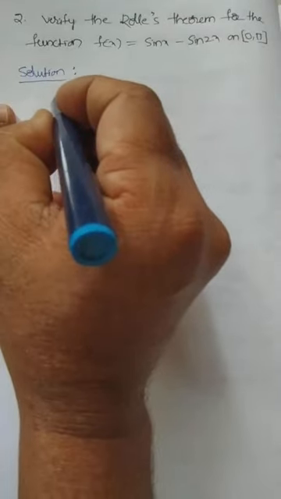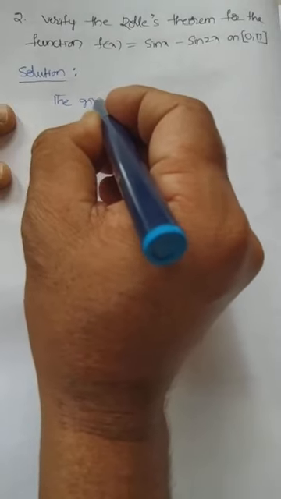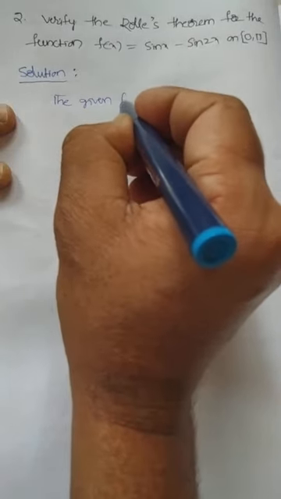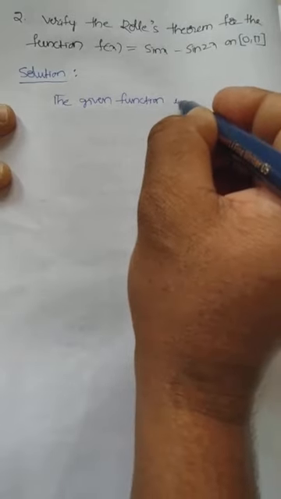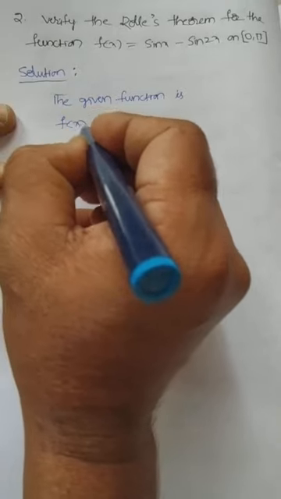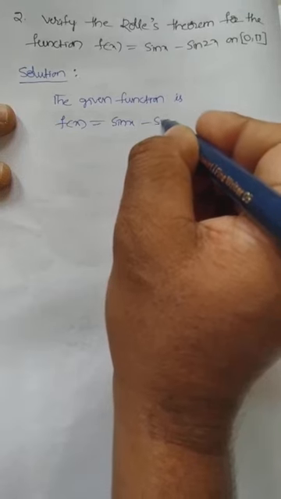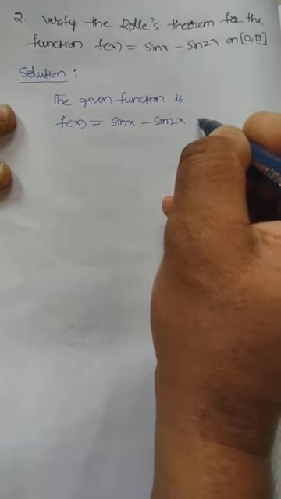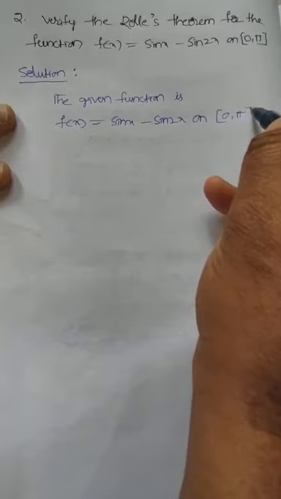The given function is f of x is equal to sin x minus sin 2x on closed interval 0 comma pi.